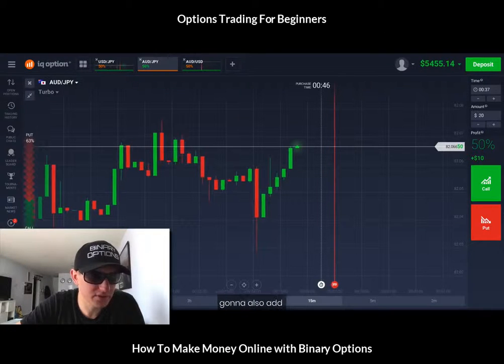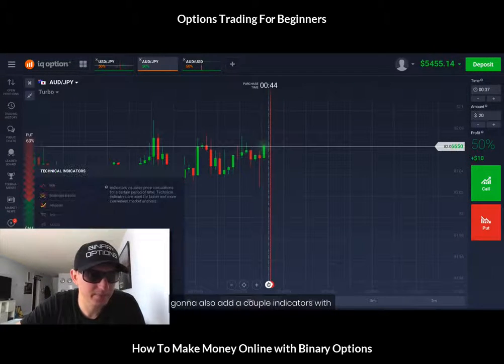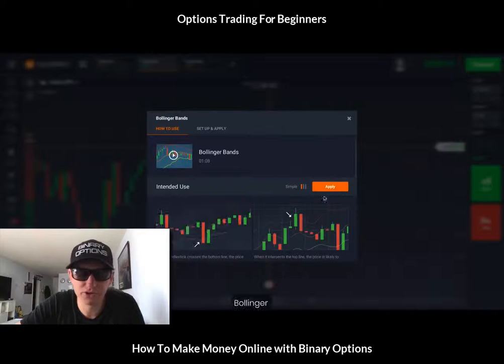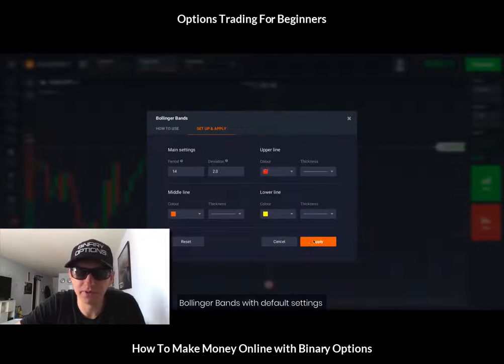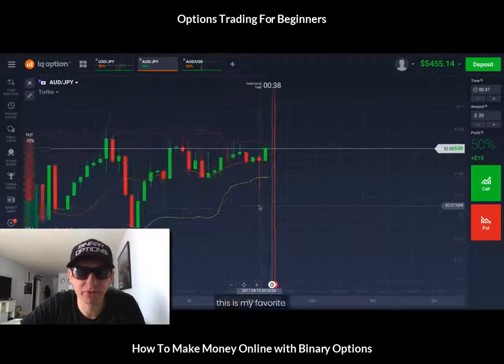I'm gonna also add a couple of indicators, the Bollinger Bands with default settings. This is my favorite one.